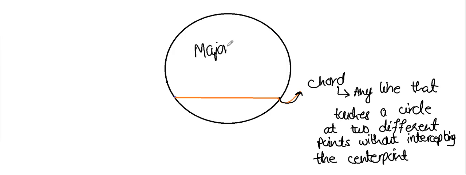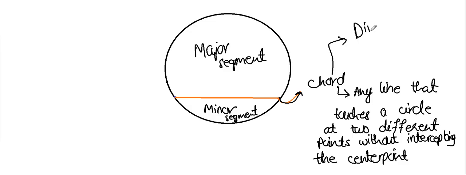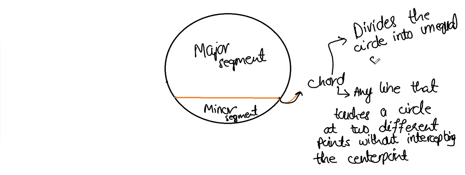This is the major segment, and this is a minor segment. So one more thing that you can write about chord is that it divides the circle into unequal segments, because if it was an equal segment, it would have been a diameter. Okay?